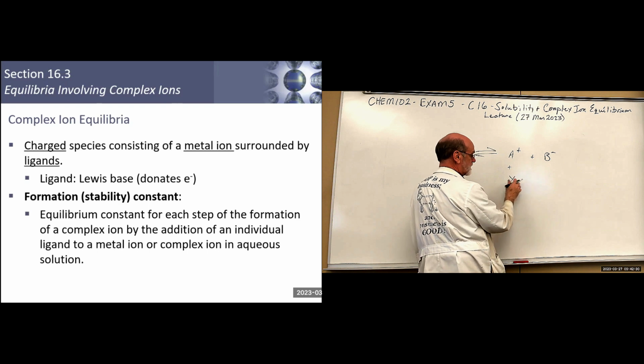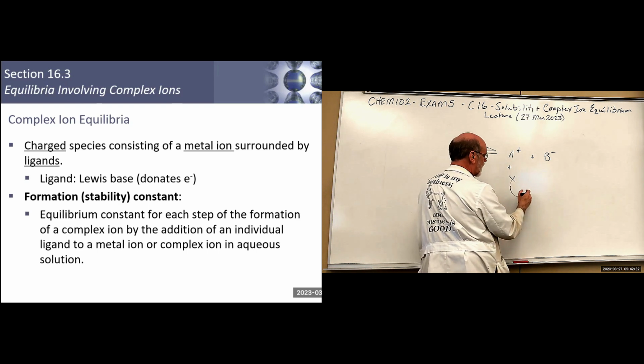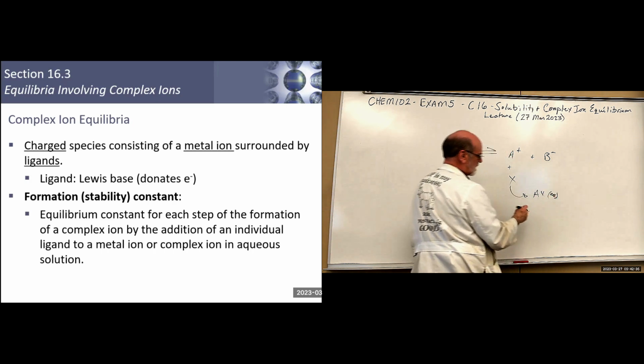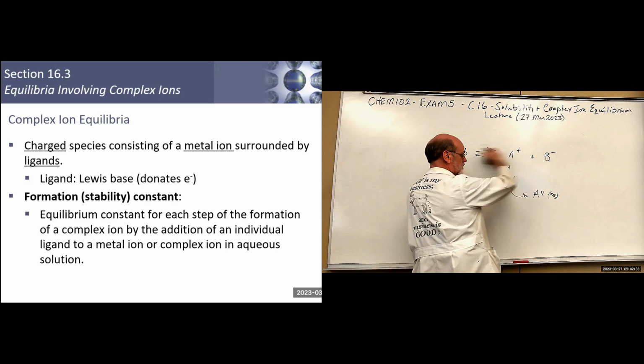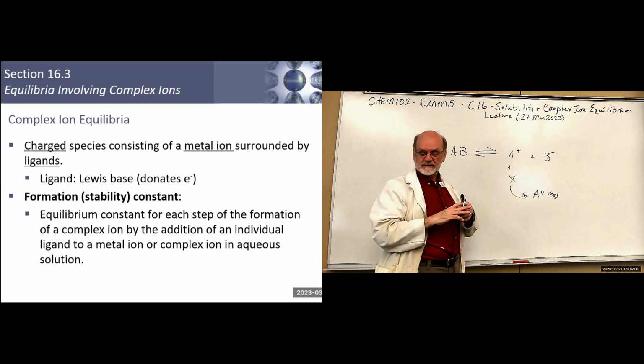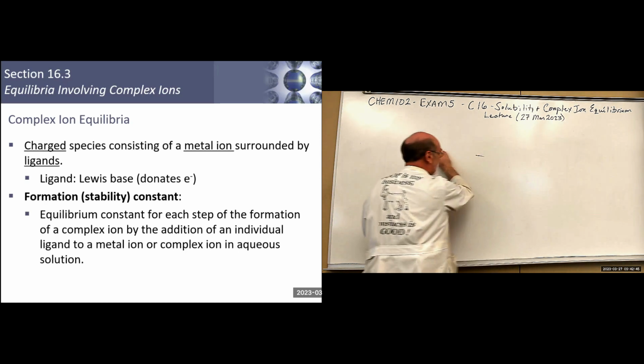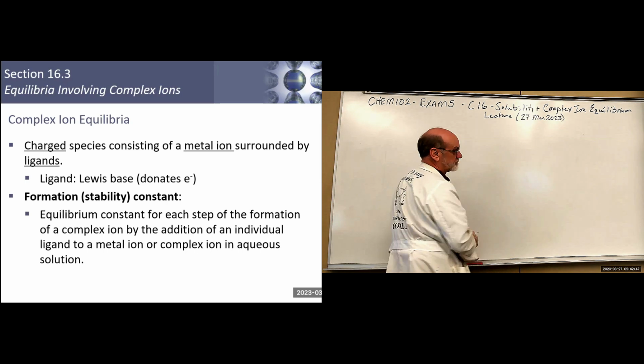In fact, lots of times it is. And you form a soluble complex that removes it from this side and it drives the reaction that way. So that's what we're going to do next week in lab. We're going to form a complex ion.